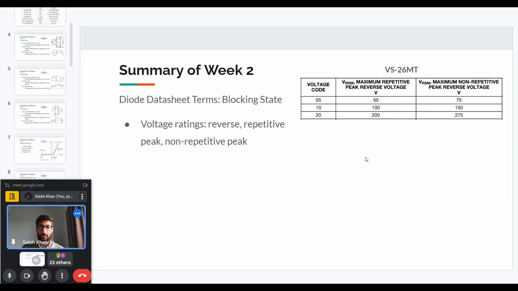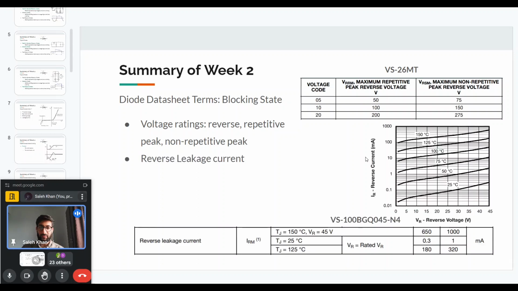Then we also have in the blocking state what is called the reverse leakage current. The data sheet will provide values at certain temperatures, typical values as well as maximum values, and it will also provide some plots which show how the reverse leakage current changes with the reverse voltage.